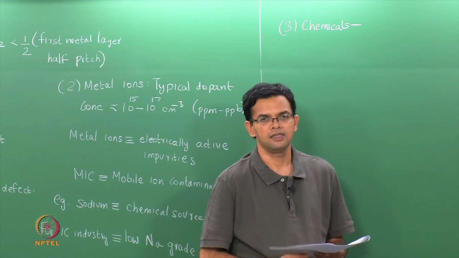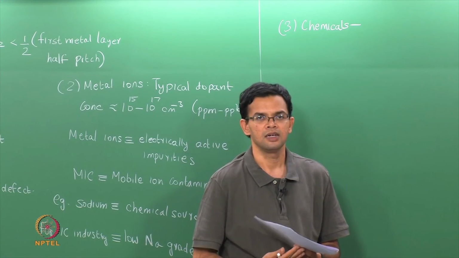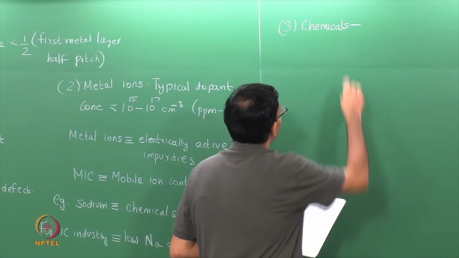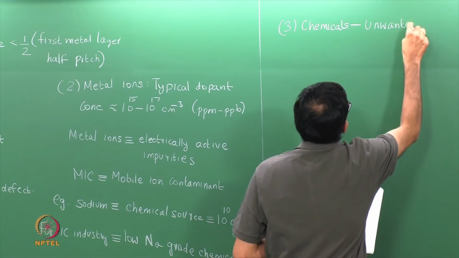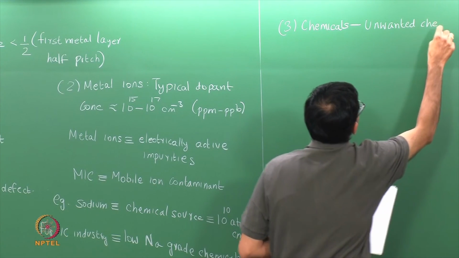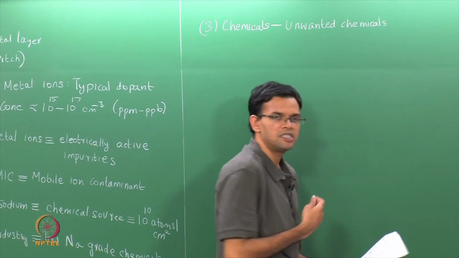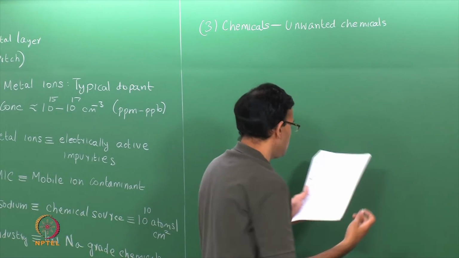So, these are essentially unwanted additions or unwanted chemicals that add on to the regular chemical that you are using. So, these essentially act as impurities to the chemicals that are used in the IC fabrication.